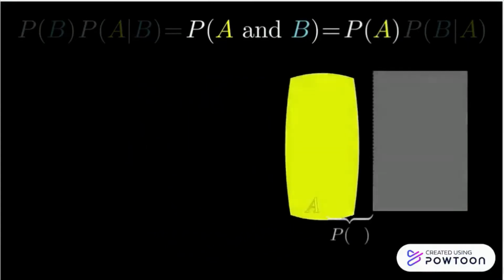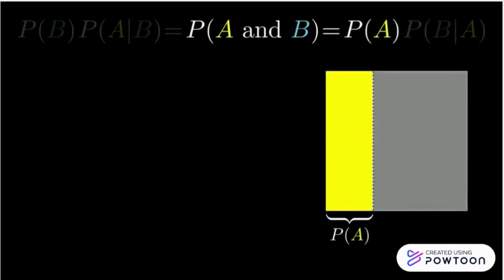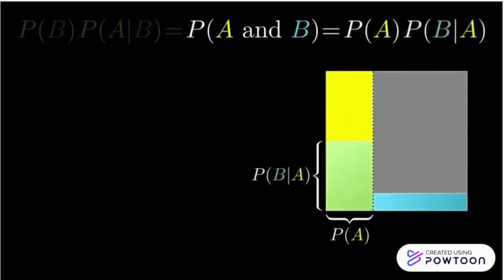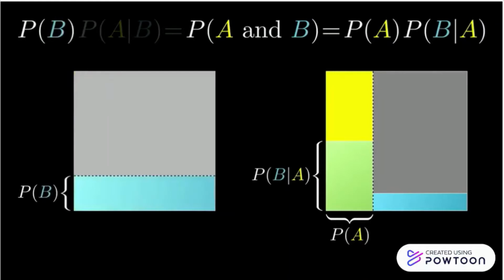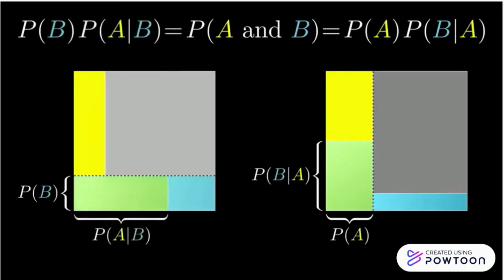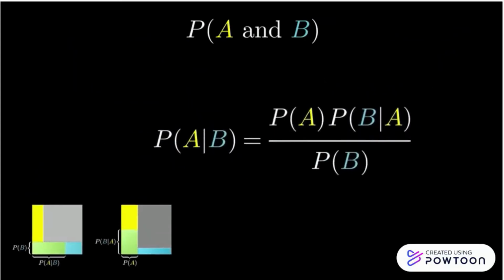On one hand, you can start by looking at the probability of A in proportion to all the possibilities that A is true, and multiply that by the proportion of those events where B is also true, which is the probability of B given A. We can also think of it as the cases where B is true among all the possibilities times the proportion of those where A is also true, which is the probability of A given B. These give the same result, which lets us express A given B, or the other way around.